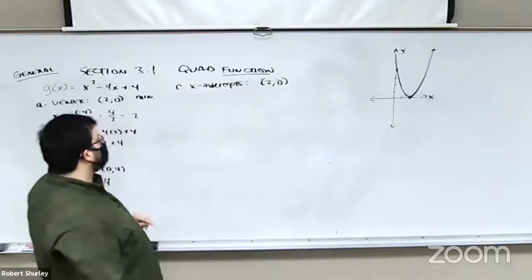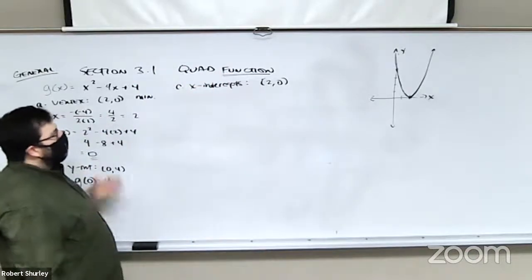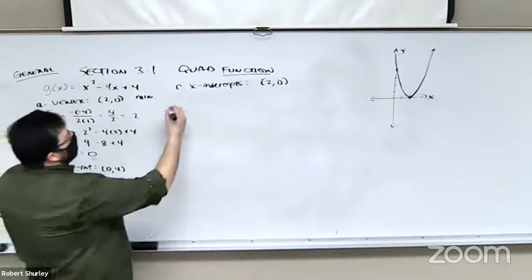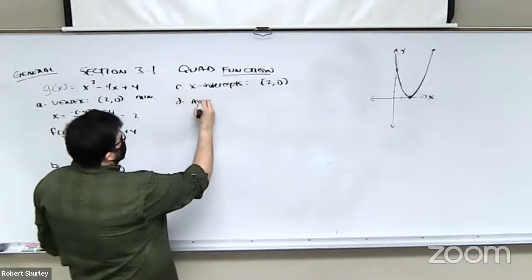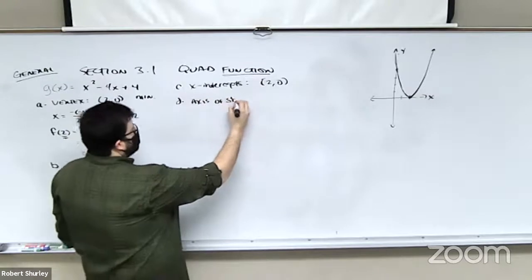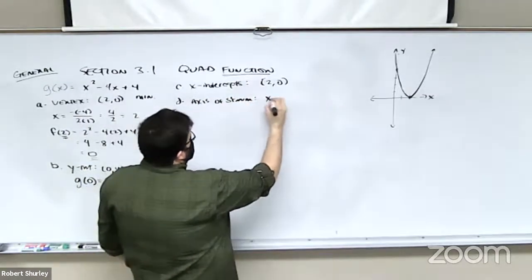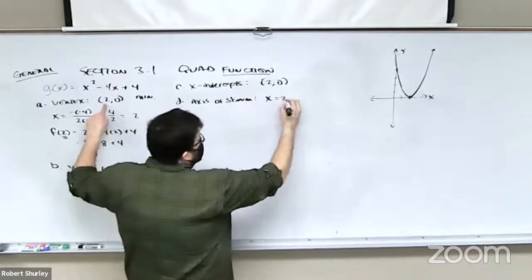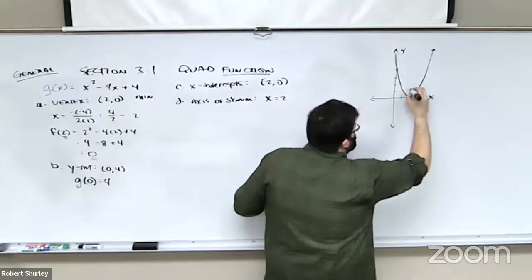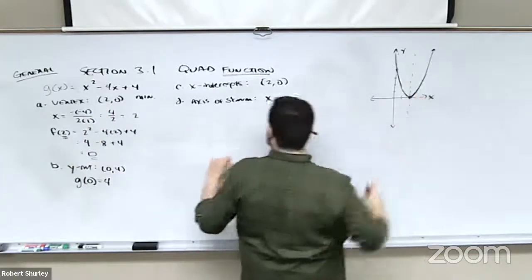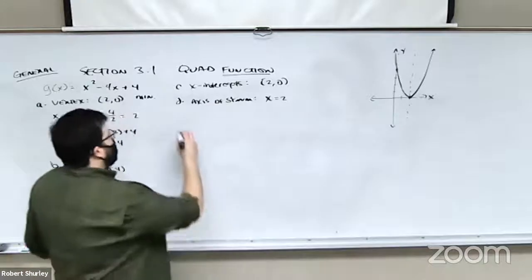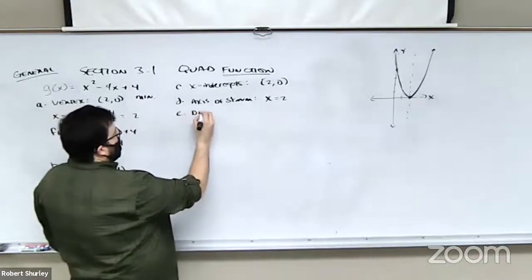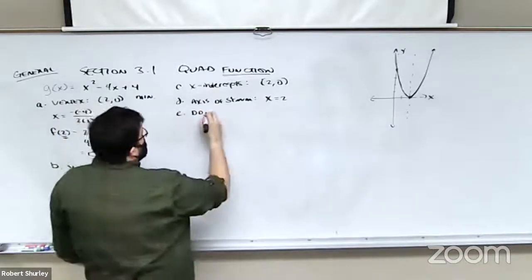I wanted to hit A, B, C. What else did I ask you guys? Axis of symmetry. Well, x equals 2, right? If you want to graph it, we haven't really graphed the axis of symmetry in the last few. The domain: ask a question if you have one, just yell at me.